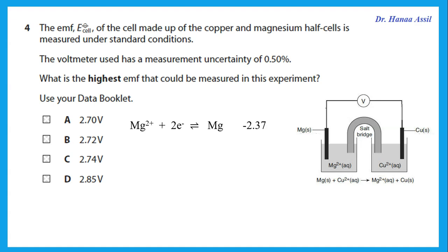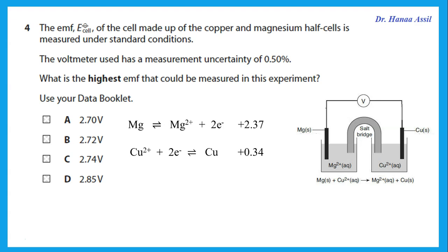You should realize that what is happening here is the magnesium is changing to Mg2+. If I look at the data booklet, I have an equation for the reduction of Mg2+, but here I have oxidation, so I'm going to invert that first equation. And remember, when we invert the equation, we invert the sign.